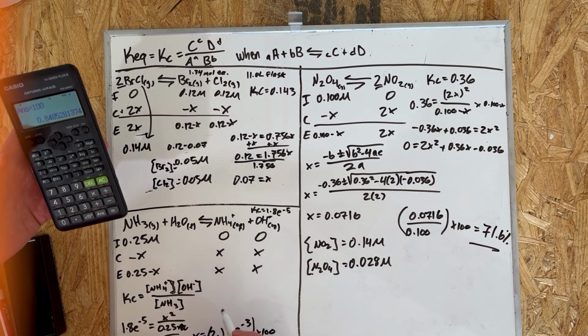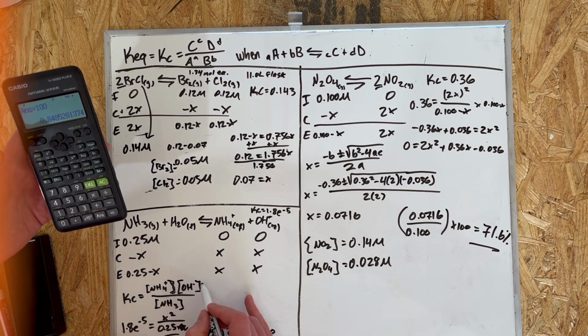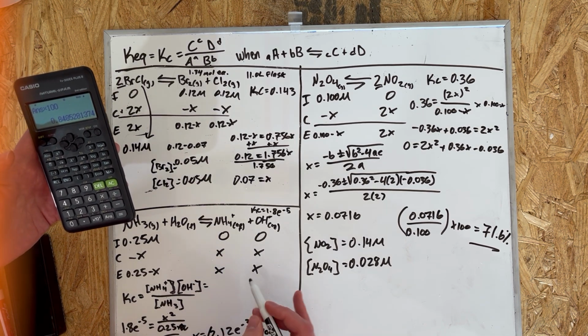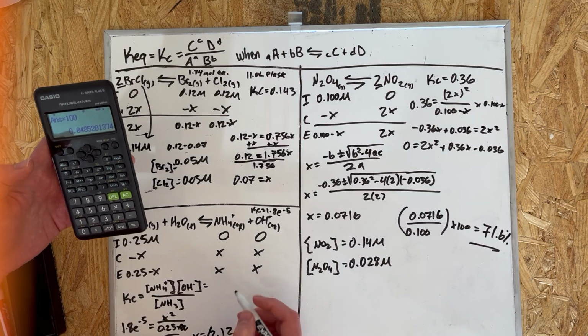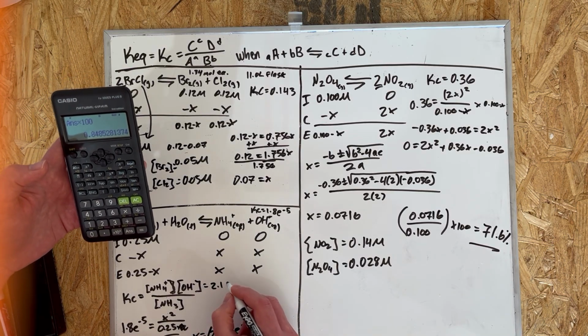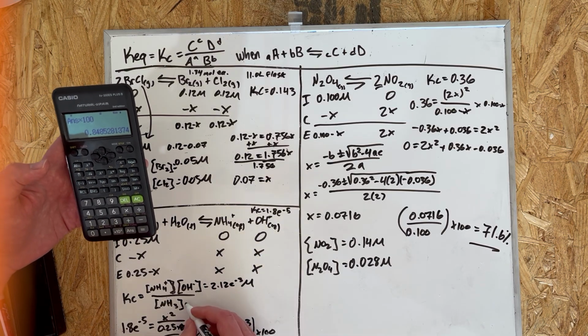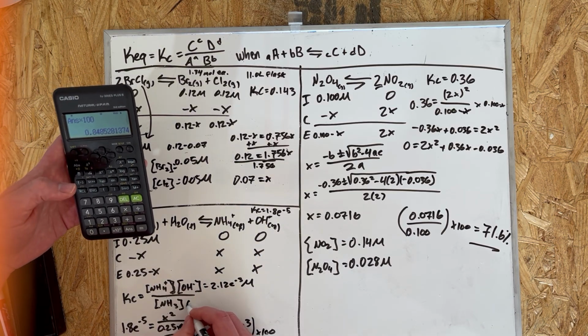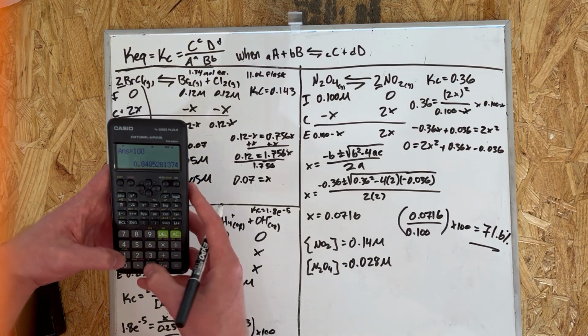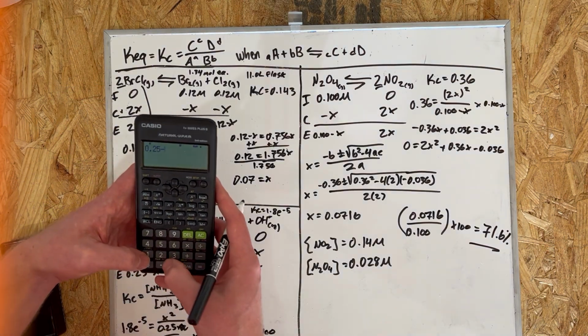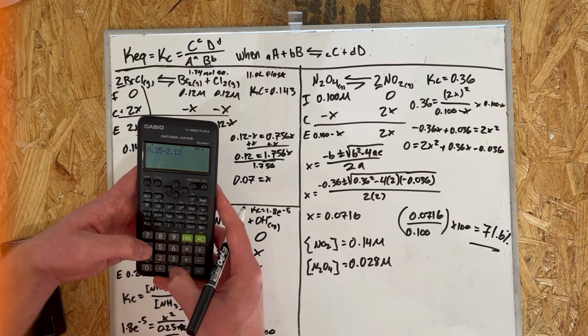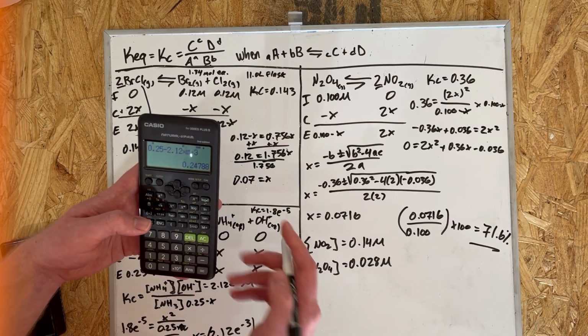So now we've got our x value, so these two concentrations are going to be the same, so we'll just say that that is equal to our x value, 2.12 times 10 to the negative third molarity. And then this one here, we had 0.25 minus our x, so we have 0.25 minus 2.12 times 10 to the negative third.